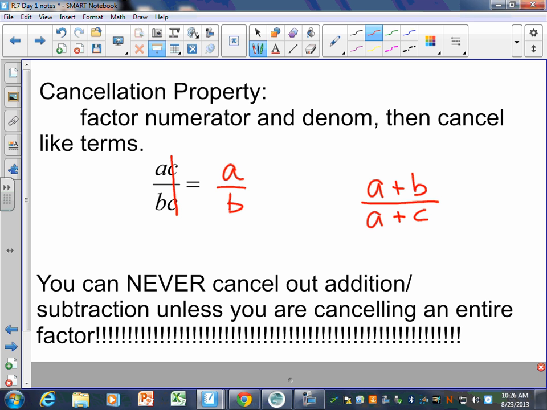This A plus B is one factor together. They never get separated. The only way I can cancel out A plus B is if I have the exact same thing in the bottom, another A plus B. And for some reason, people just get cancel-out crazy when we do these, and they just cross out those A's, and then they're left with B over C, which is not okay. You can't do anything with it. That would just be your answer, because you cannot break up addition and subtraction.